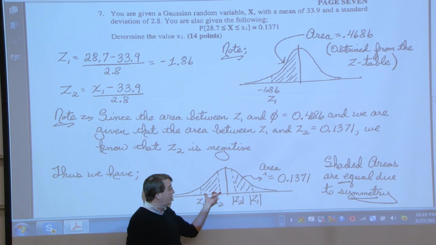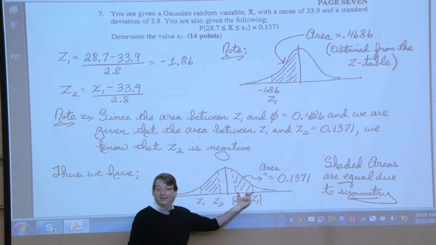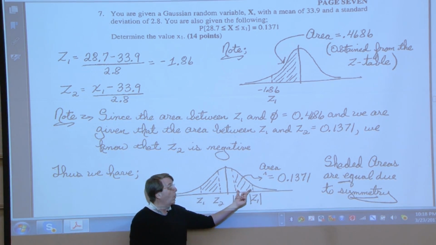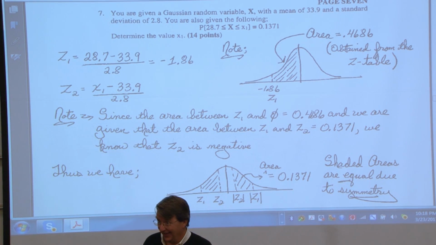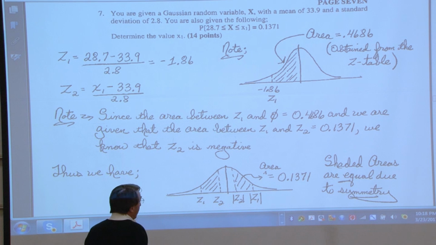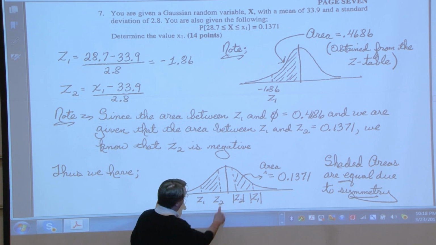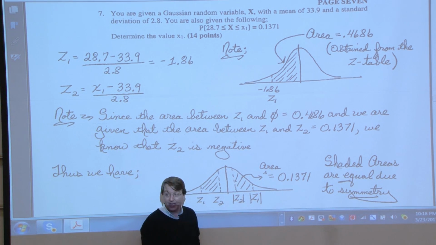All right. So now using symmetry, I want this. Now what do I know? I know that area. It's 0.1371. How do I know that? I was given. Okay. So I know that's the area, 0.1371. Now, what do I know? I know the area from 0 to Z1 is 0.4686. How am I doing?